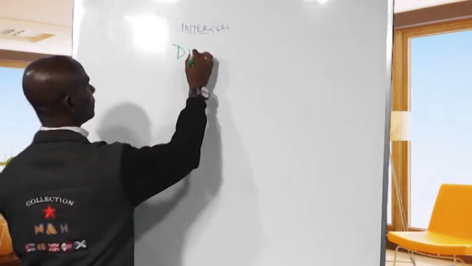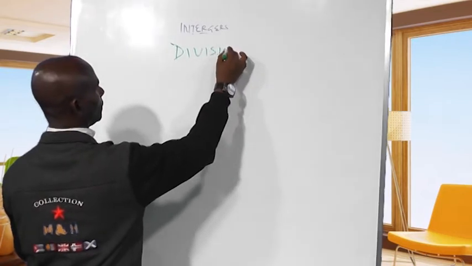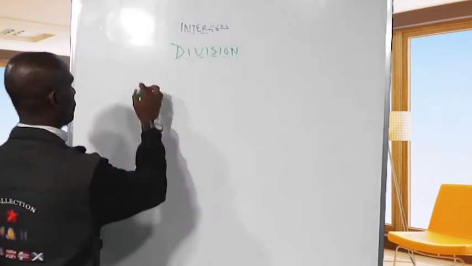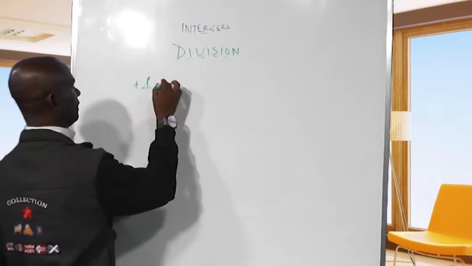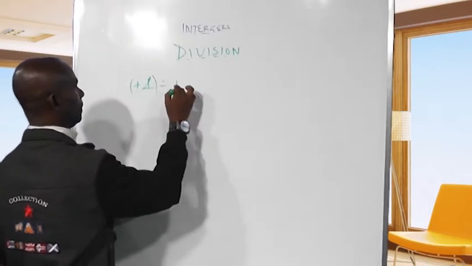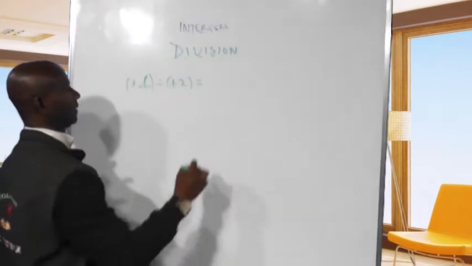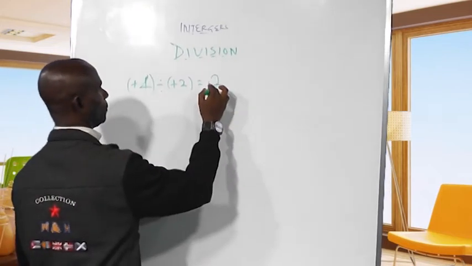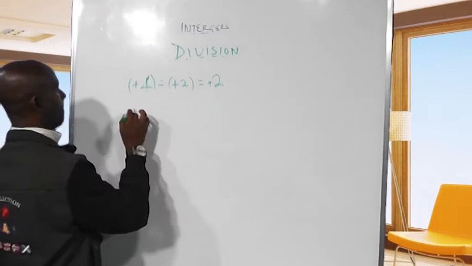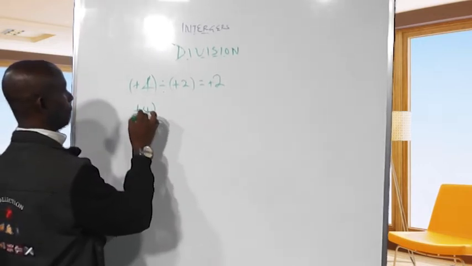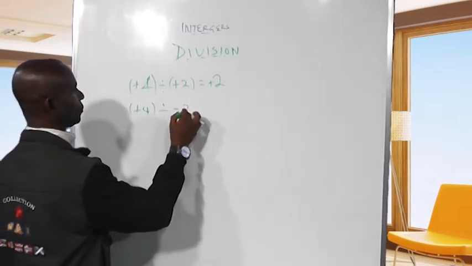Division. 4 positive divided by plus 2. Our answer here is 2 positive. Plus 4 divided by minus 2.